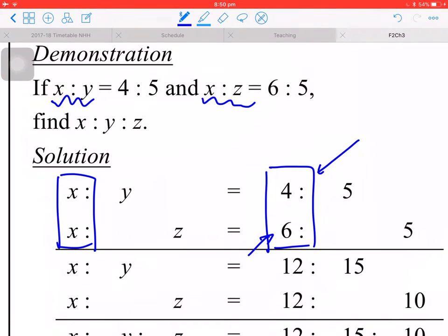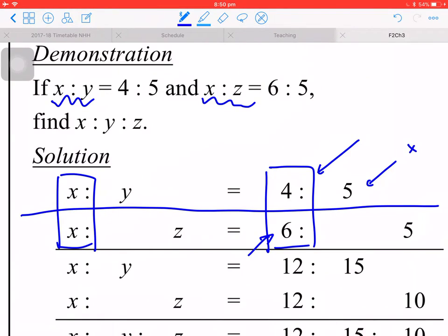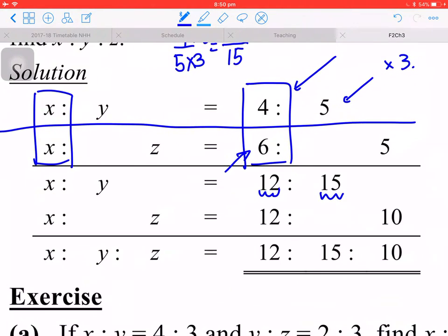So when you multiply the first row by 3, then you have 12 to 15. Then you do the same for this one: when you multiply by 2, you have 12 and 10 here.